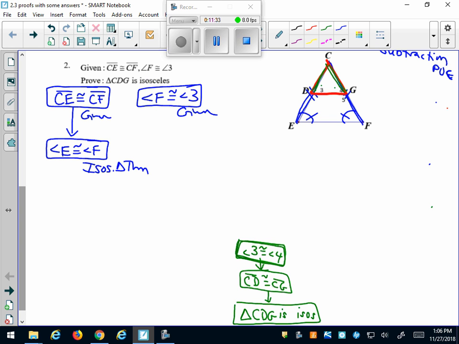So far, we've involved E congruent to F and F congruent to 3. So we need to figure out a way to pull in angle 4. How are we going to get angle 4 to be related to these other angles somehow? Yep. With which triangle?